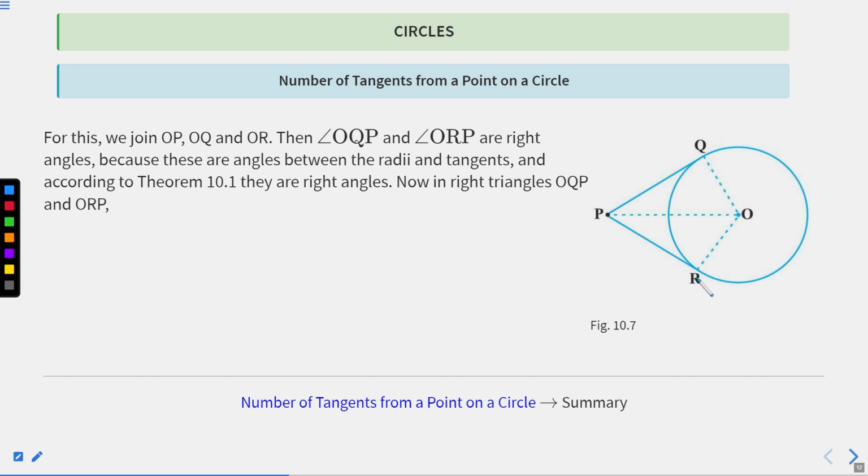Since we have proved in our previous lecture this theorem: the radius of the circle is perpendicular to the tangent to the circle at that point.